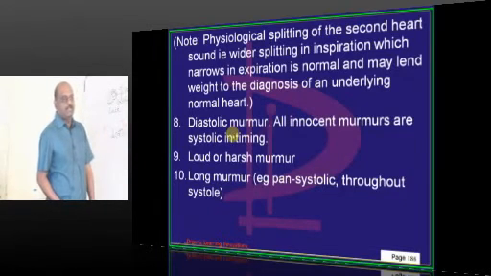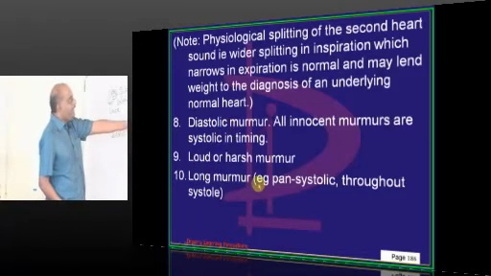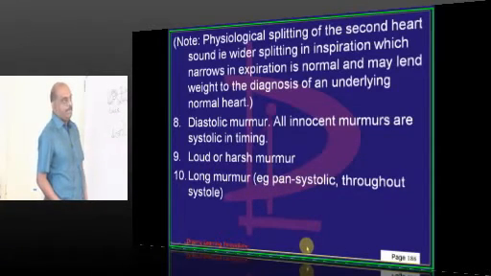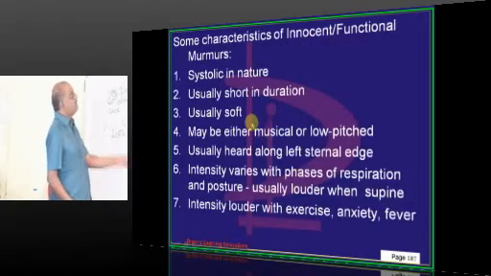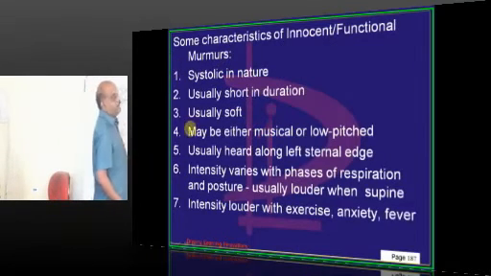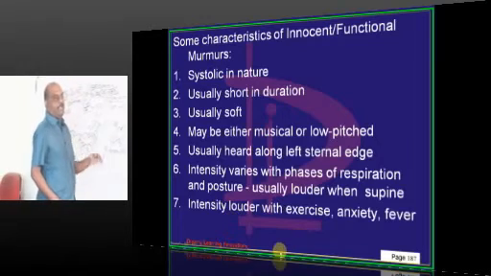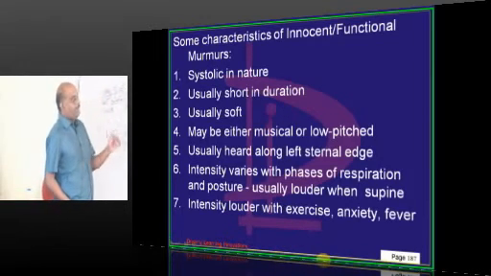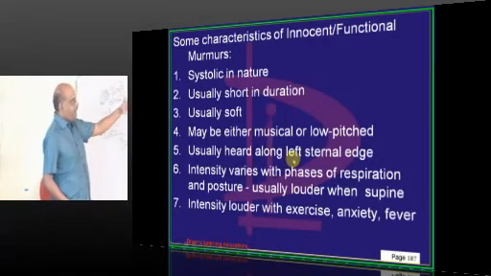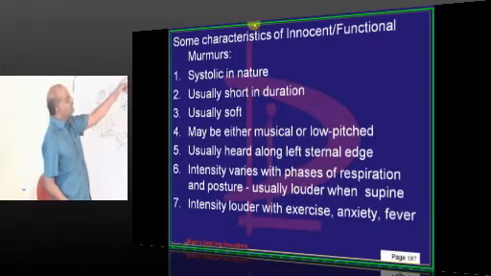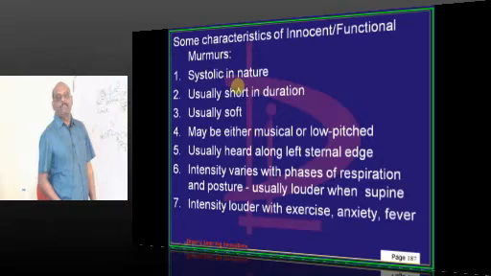Systolic can be innocent, but not always. Pansystolic can also be pathological. But if it is a systolic murmur, short in duration, soft in nature, musical, or usually heard along the left sternal edge, then that is suggestive that it is innocent or functional.